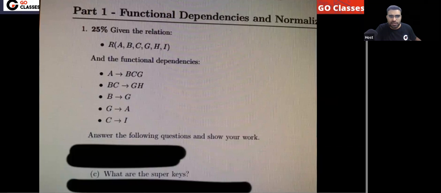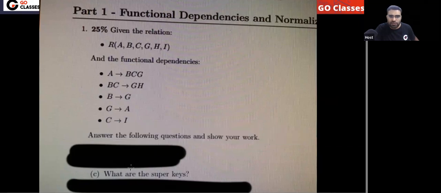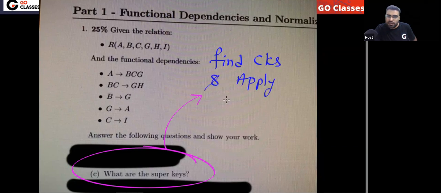The best way is to first find the candidate keys and then apply this inclusion exclusion principle.